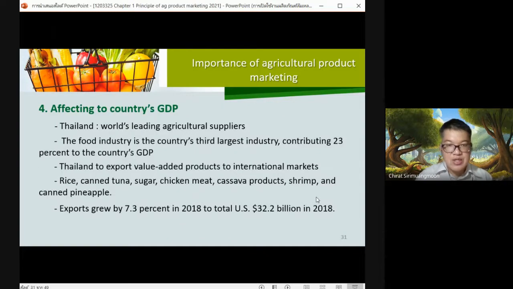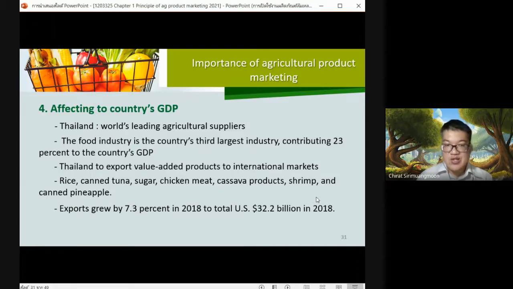Then, agricultural products marketing also affects the country's gross domestic product. GDP is the key factor when we talk about how much money each country has.